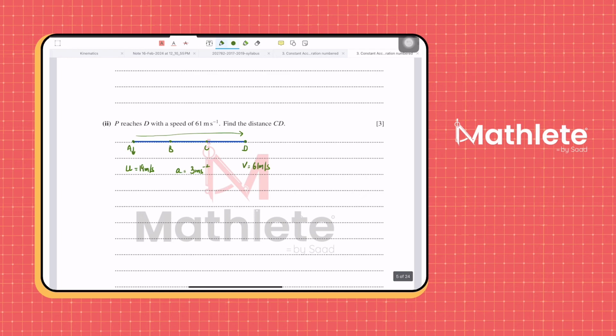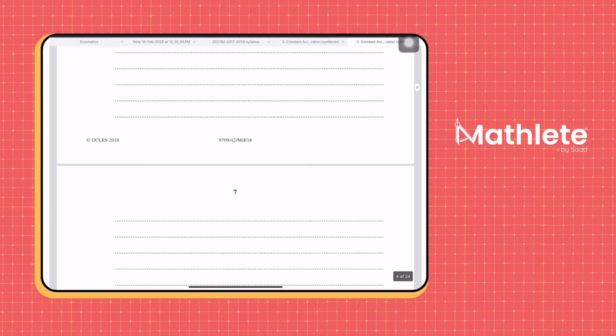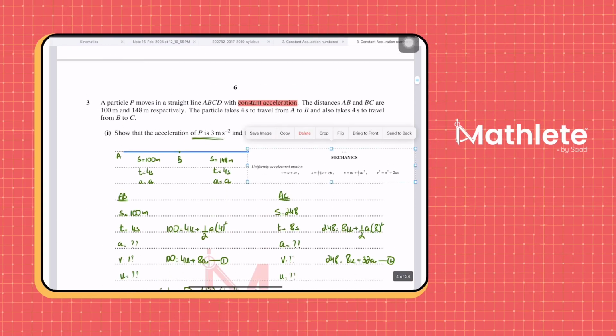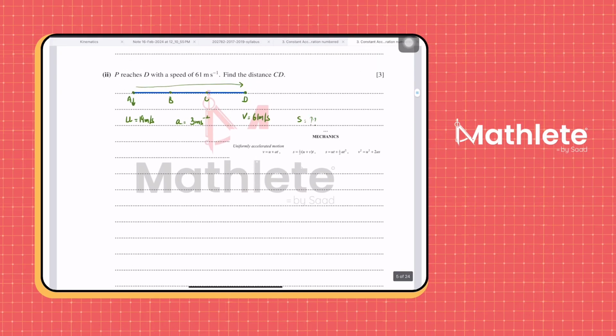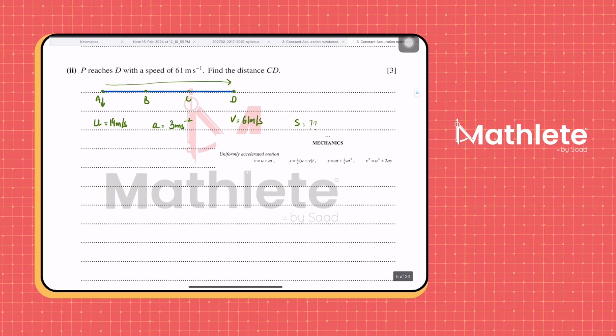S is the only unknown so far. What equation can I use to find out the total distance from A to D? Let's look at the equations here and take a closer look.